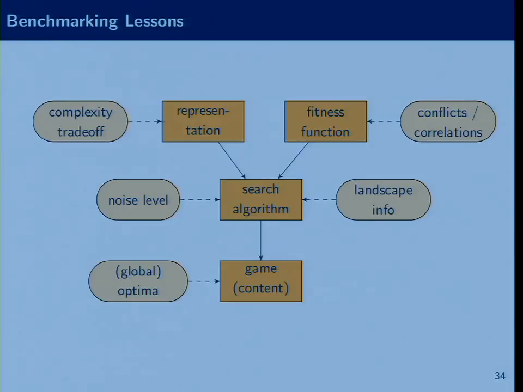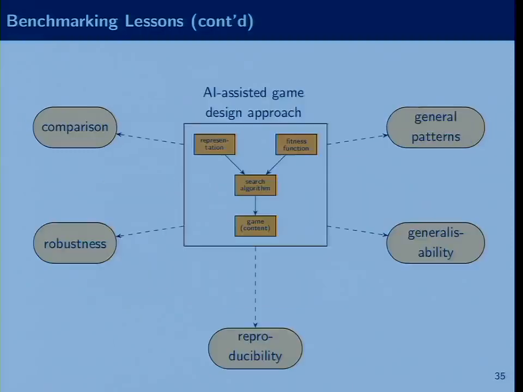In the original Mario paper, we used a 32-dimensional space, and we found we can actually get the same fitness value with a 10-dimensional vector, which is good to know. Similarly, you can compare all the different fitness functions and figure out conflicts between them. Noise levels, I did talk about, which is very important. Then there's landscape information, looking at exploratory landscape analysis. You can finally find some optima, which you can't usually do with just random sampling.